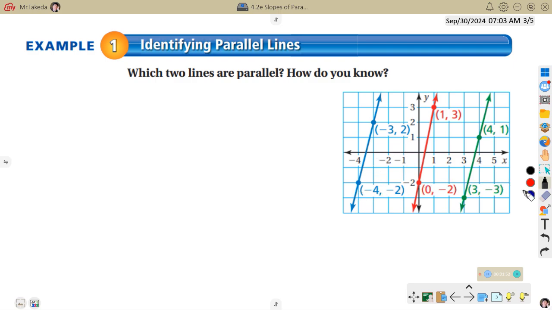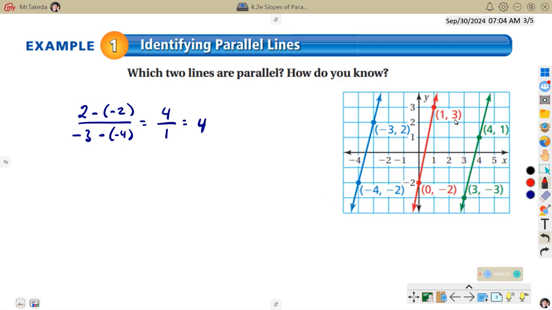I'm going to calculate the slope for the blue line, using this as the first point: 2 minus negative 2, my change in y, over negative 3 minus negative 4, my change in x. This is 2 plus 2, which is 4, over negative 3 plus 4, which is 1. So the blue line has a slope of 4.